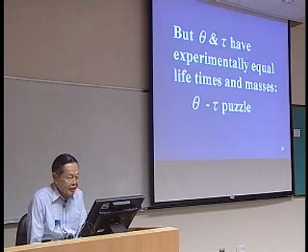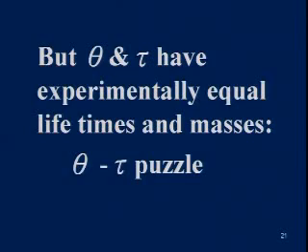But on the other hand, other experiments show that theta and tau have experimentally equal lifetimes and equal masses. So the main question around 1955-56 was: were theta and tau the same particle? There are strong arguments for saying that they are the same particle, as seen on this slide.